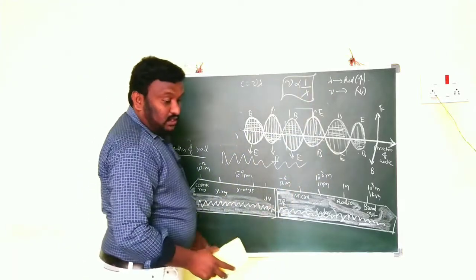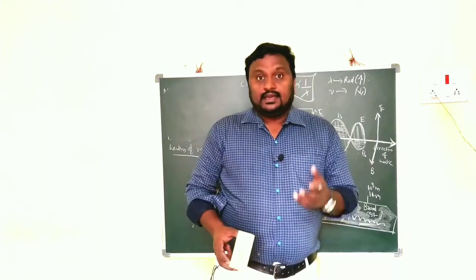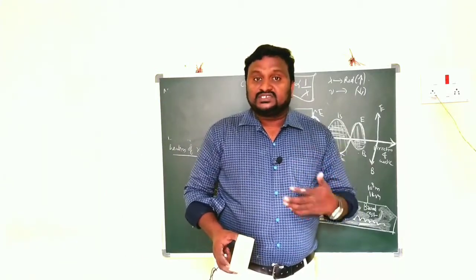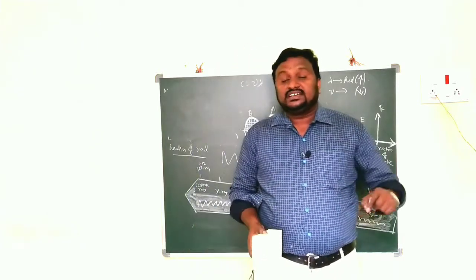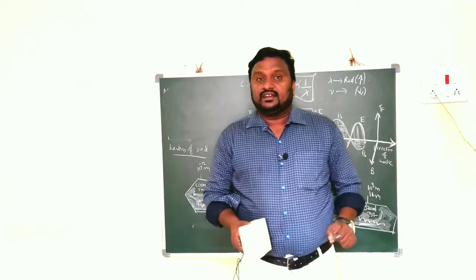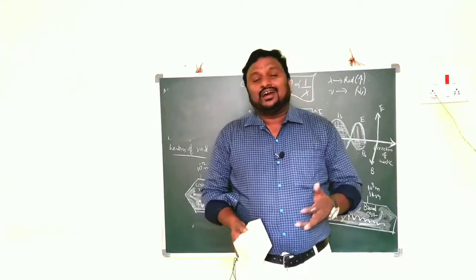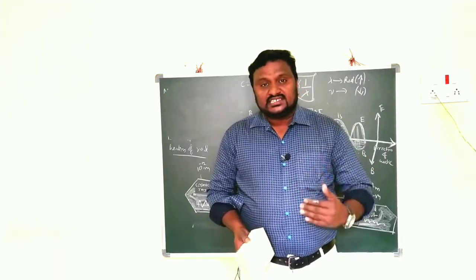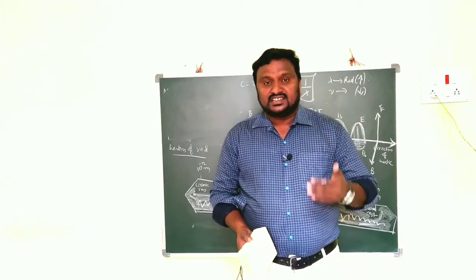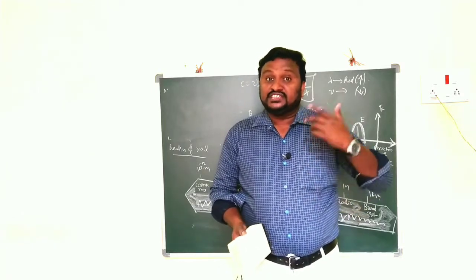Okay children, now to say the light consists of a number of colors, to understand that, one example is given in our textbook. You take an iron rod that should be heated first. You are continuously heating the rod, which means we are giving heat energy to the rod.